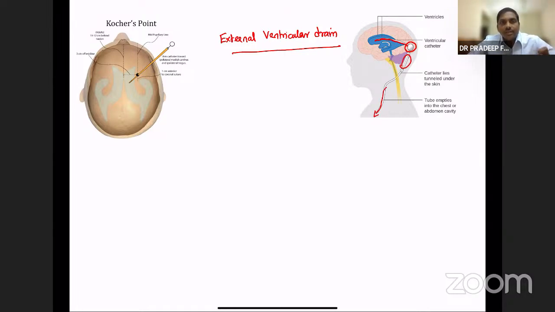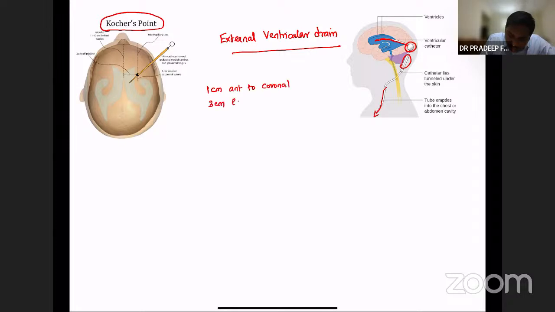So this external ventricular drain insertion is done at the level of Kocher's point as described in the latest edition of Bailey. What do you mean by Kocher's point? Kocher's point is nothing but 1 centimeter anterior to the coronal suture and 3 centimeter lateral to the midline.